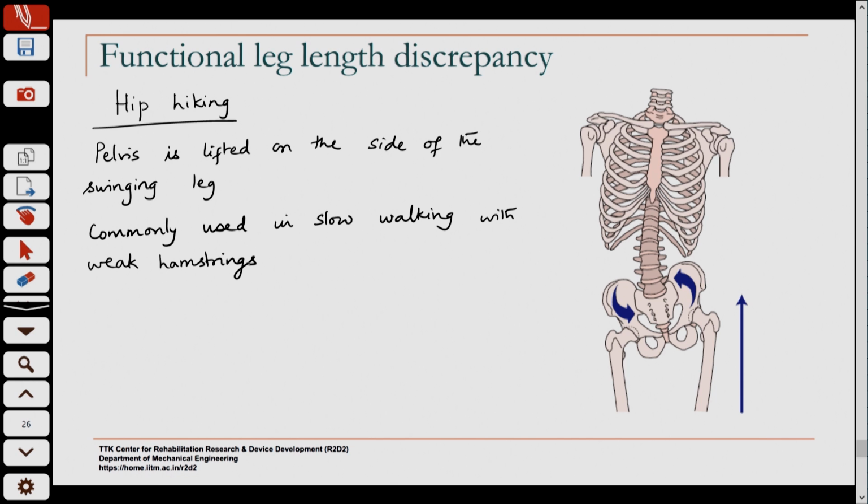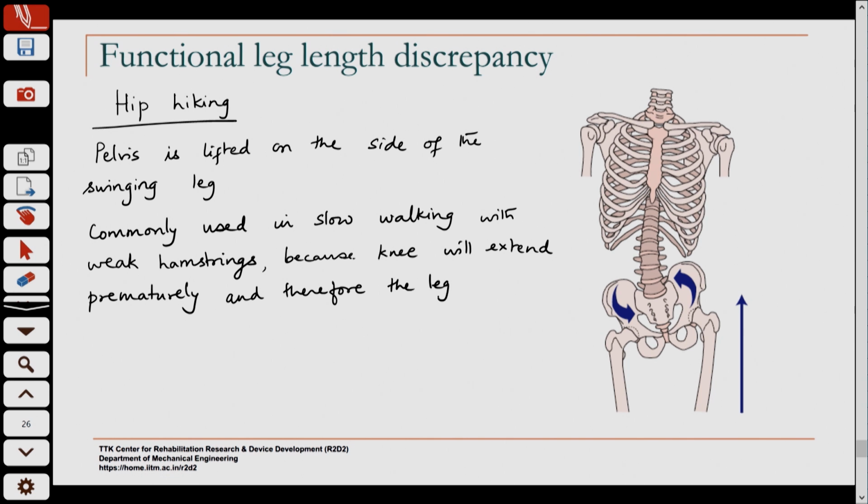So, if you have trouble with flexing the knee to shorten the leg, then if you have weak hamstrings, the knee tends to extend prematurely, right, before it is ready to, and therefore, the leg will be too long towards the end of swing.